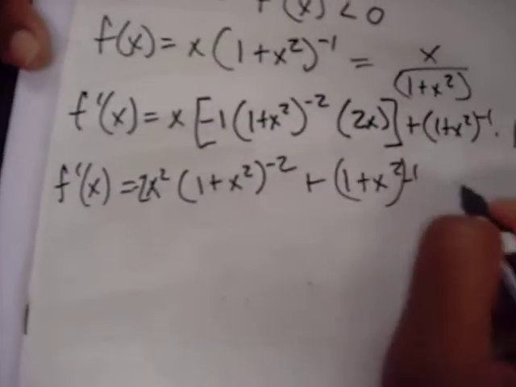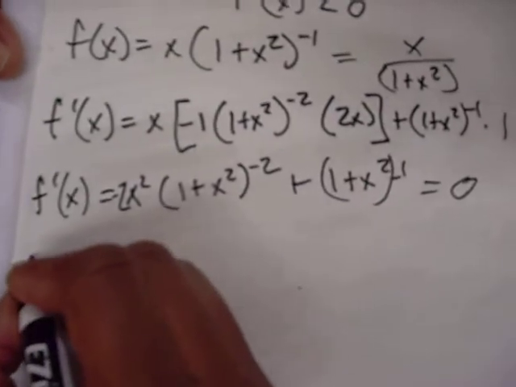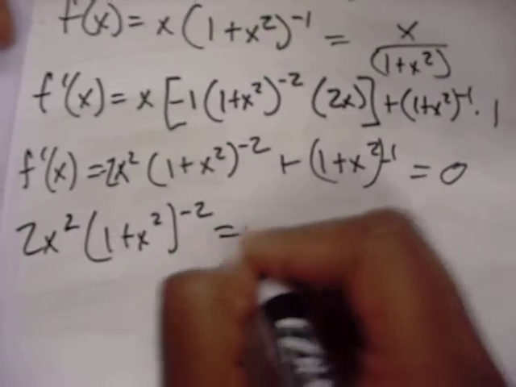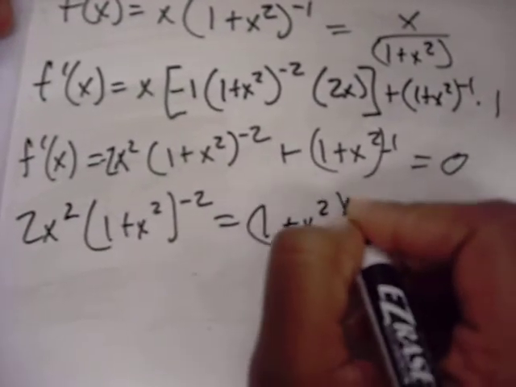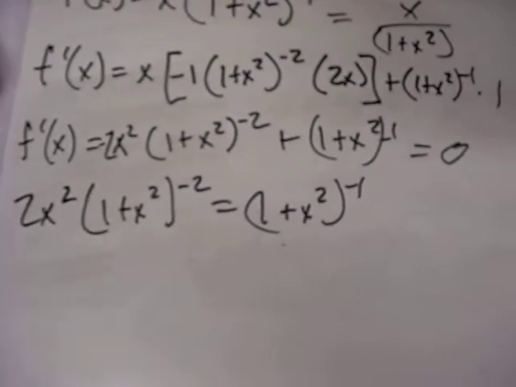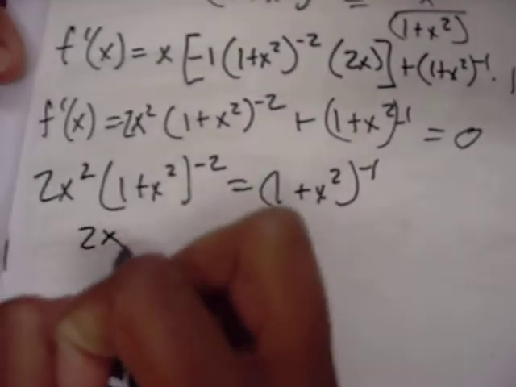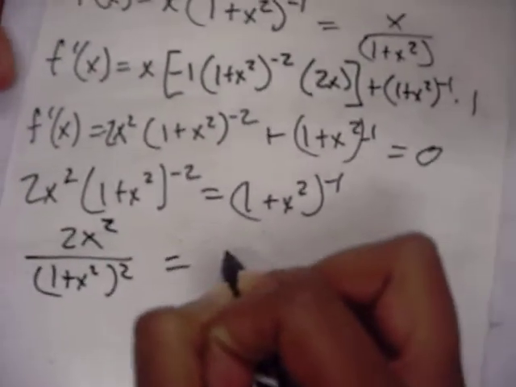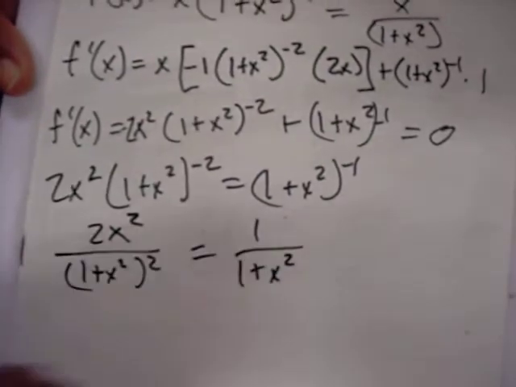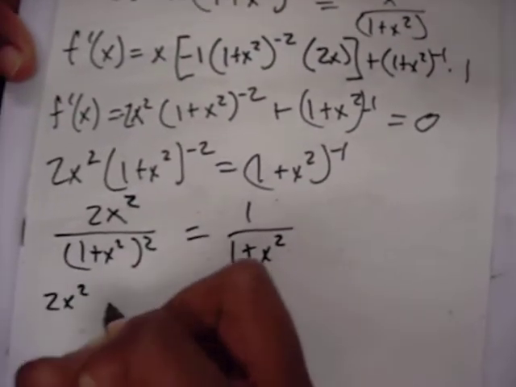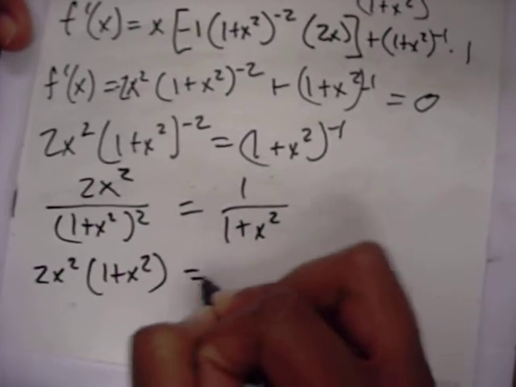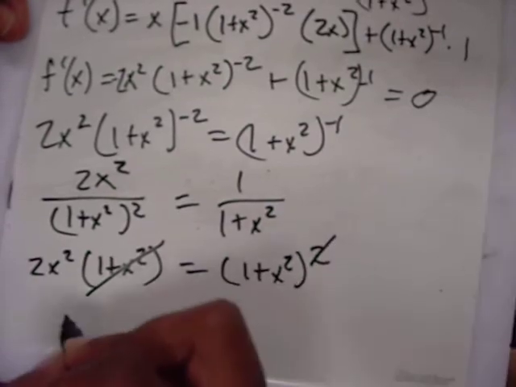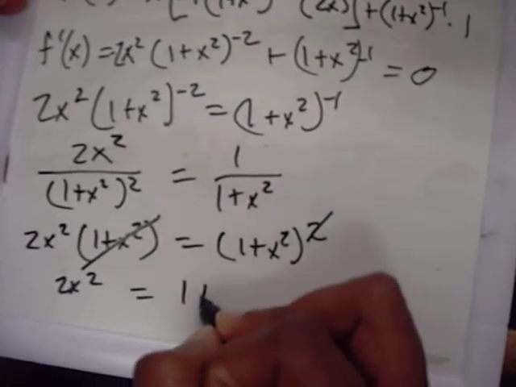Okay, now when you set it equal to 0, you can move this to the other side and you'll have 2x squared times 1 plus x squared to the negative 2 equals 1 plus x squared to the negative 1. What you can do is move this to the denominator and cross multiply, and have 2x squared times 1 plus x squared equals 1 plus x squared, and this can cancel out on each side, and you're left with 2x squared equals 1 plus x squared.